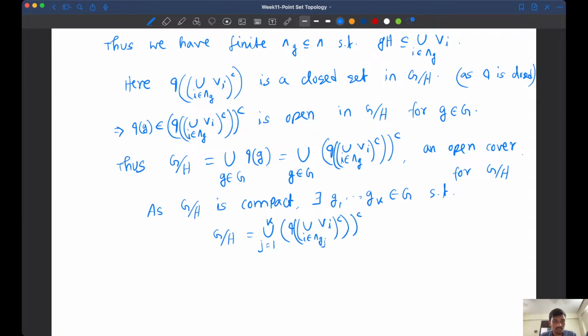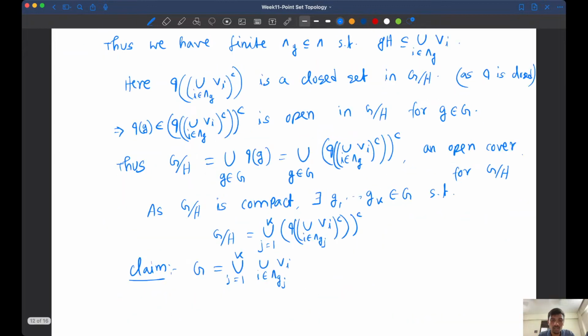Now my claim is that G is actually the union over j equal to 1 to k, and union over i belongs to lambda_{g_j}, of V_i.